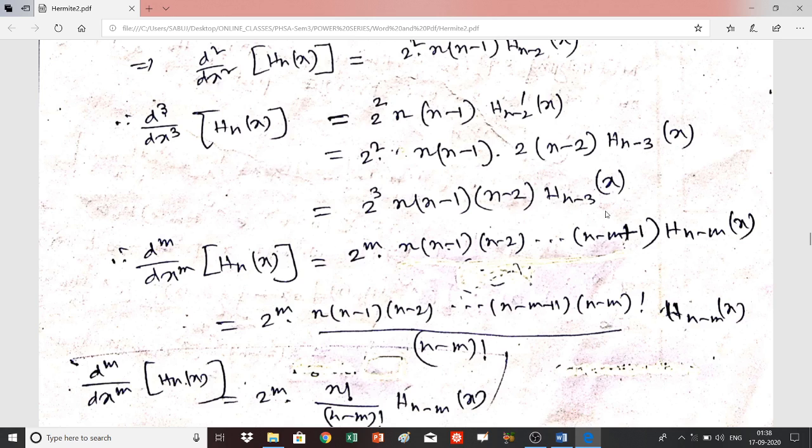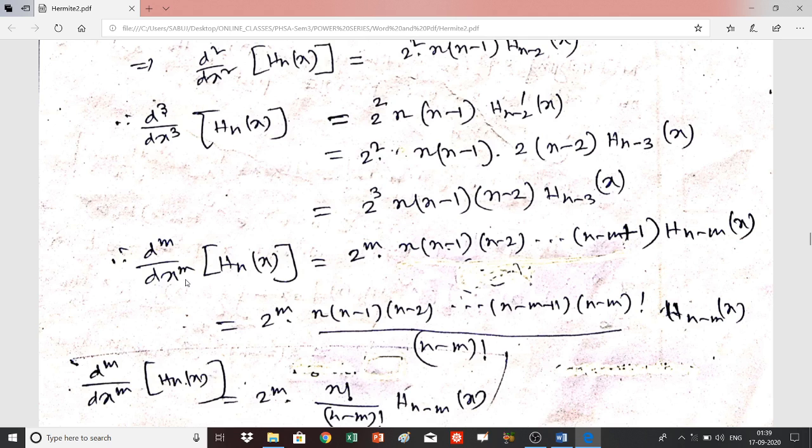Just compare this, it will be easy for you. And the last term is Hn minus 3. In this case n is the constant, and 3 is nothing but the order of this differentiation. So in this case the order is m, so here you will have to write Hn minus m.